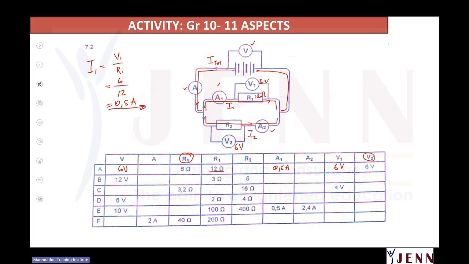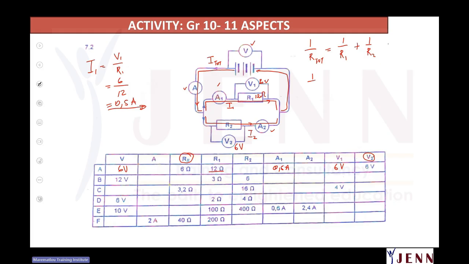Let's move to calculating the resistance of resistor 2. Because it's a parallel connection, 1 over R total is equal to 1 over R1 plus 1 over R2.